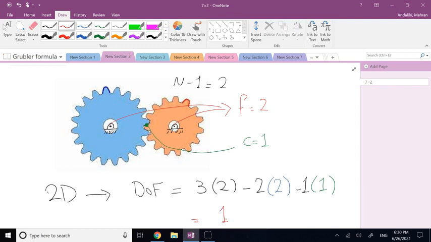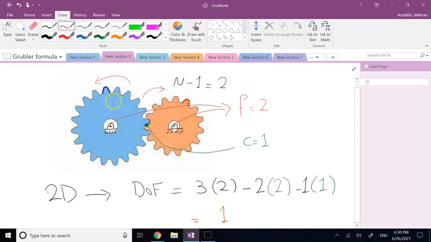And what does that 1 mean now? It means that although each one of these is rotating, each one has a rotation and an angle, these 2 angles are not both independent parameters. Once you know one of them, you can find the other one. Only one independent parameter in the system exists.